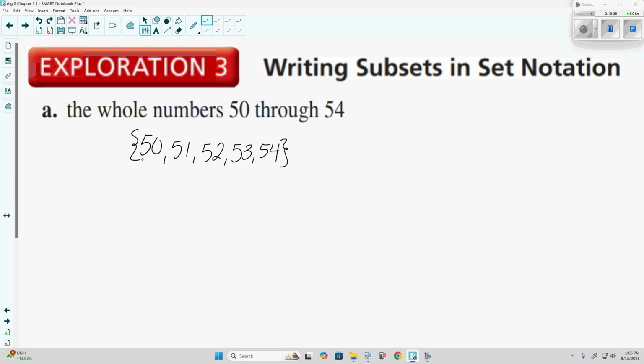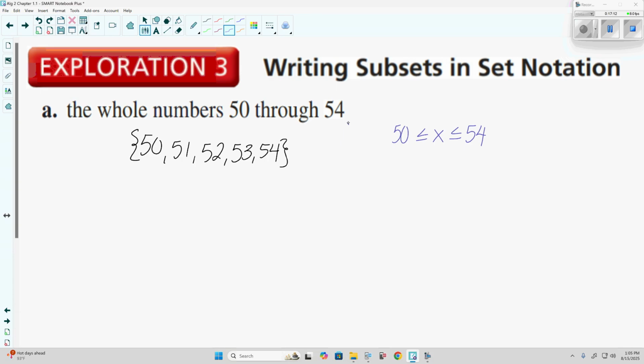Is it feasible to be able to write all that out? Well, yeah, so there's no real reason that we need to write this in set builder notation. We can, but it's just as easy just to write 50, 51, 52, 53, 54. So this one here is easier just to list the set than it is to write the full set builder. Because our inequality would be 50 is less than or equal to x is less than or equal to 54, because we're going from 50 to 54 and they're both included.